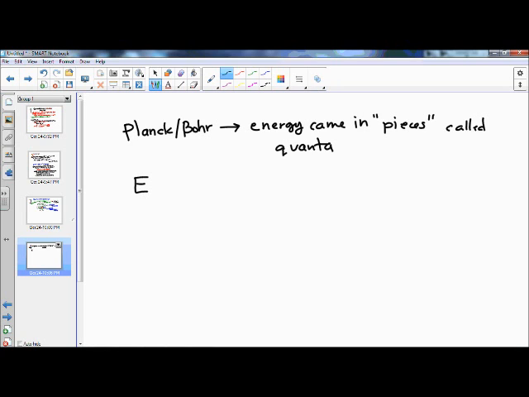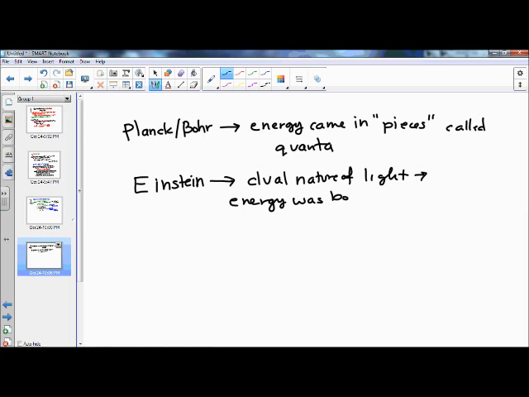So along came our friend Einstein, and Einstein said, why can't the two things exist at the same time? He believed in what's called the dual nature of light. That meant he said that energy was both wave and particle.